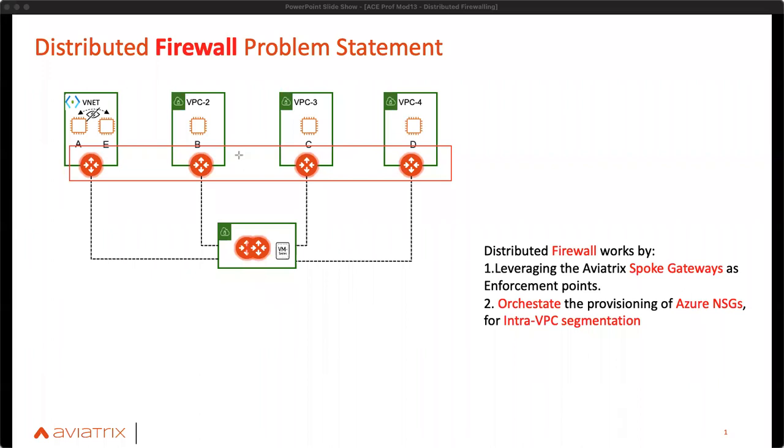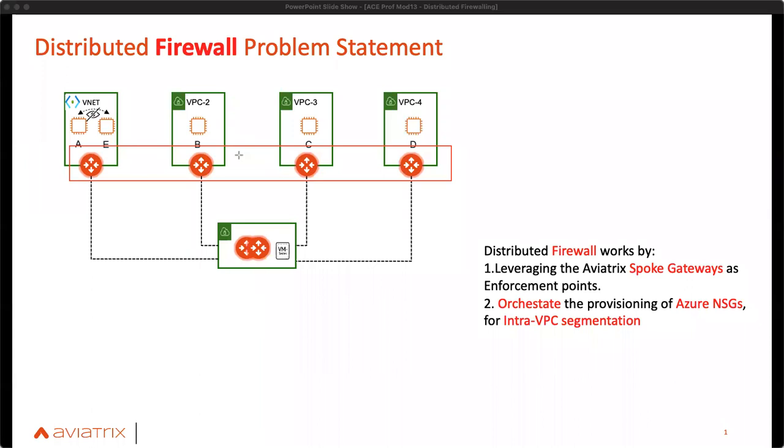And very soon, depending on when you will be watching the video, is the functionality to have IPS and IDS, basically intrusion detection system functionality, also on all of these gateways.